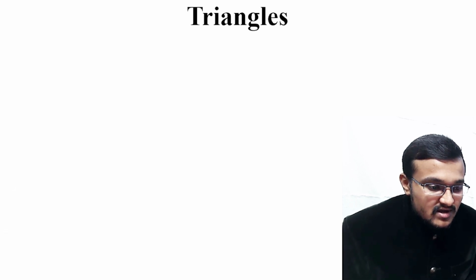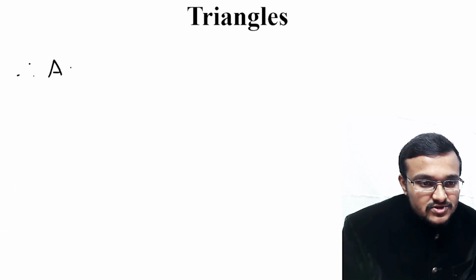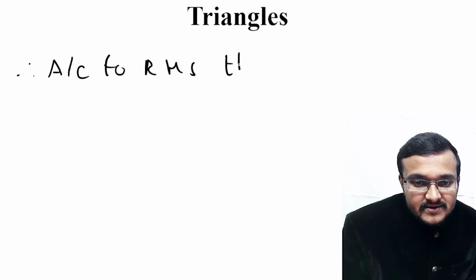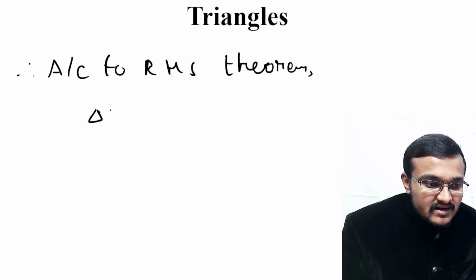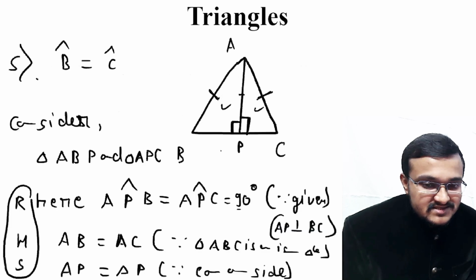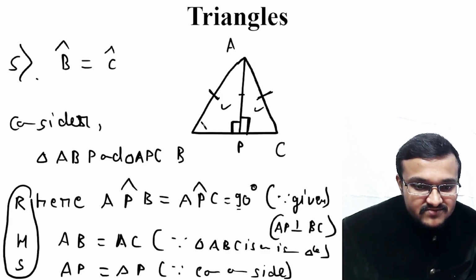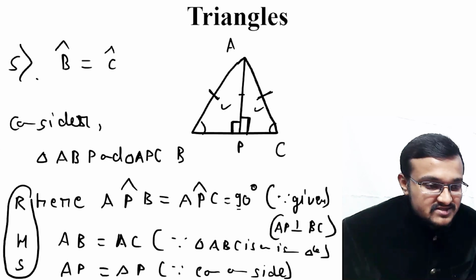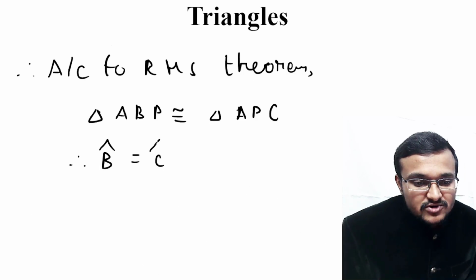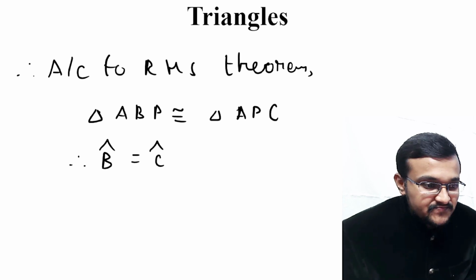So according to RHS congruence rule or according to RHS theorem, triangle ABP is congruent to triangle APC. Since these two triangles are congruent with each other, B will be equal to C. So therefore angle B is equal to angle C.